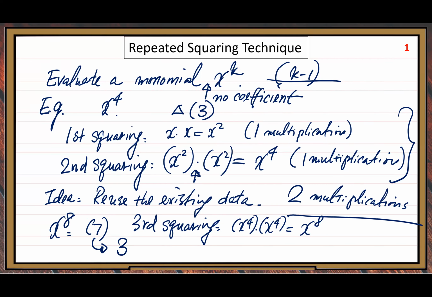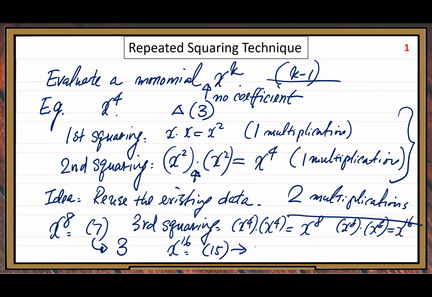Let me try another one to impress you a little bit. x to the 16th, right? If we use the old method, we need 15 multiplications. If we use the new method, you just do another round of squaring: x to the 8th times x to the 8th, and you get x to the 16th.